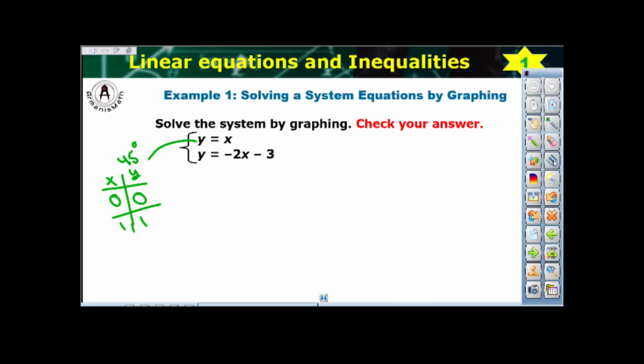Okay, that's just the way it is. So now I know how to graph this one, because it's pretty simple. 1, 1, 2, 2, 3, 3, 4, 4, etc. So 0, 0 obviously is one of them. 1, 1, 2, 2, and then you keep going with that concept.